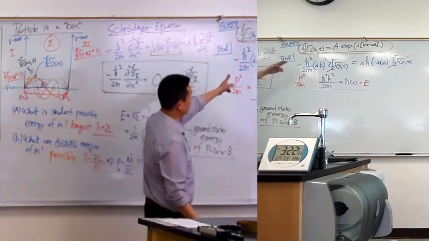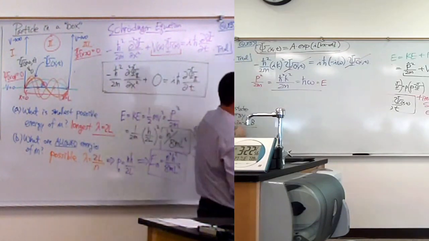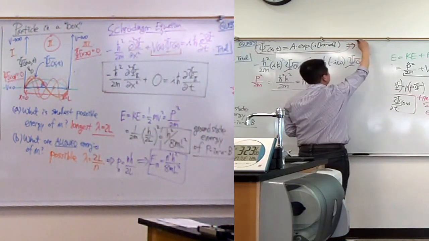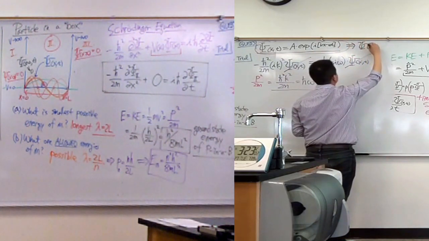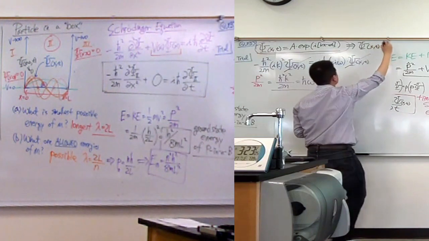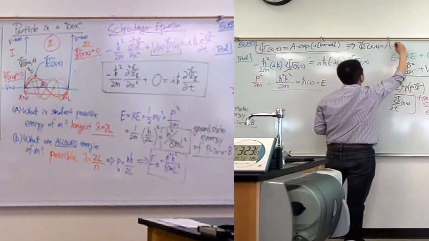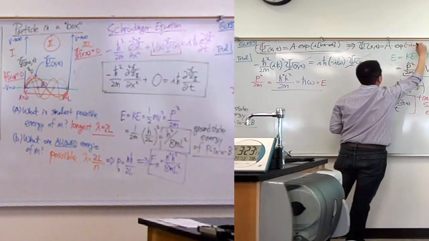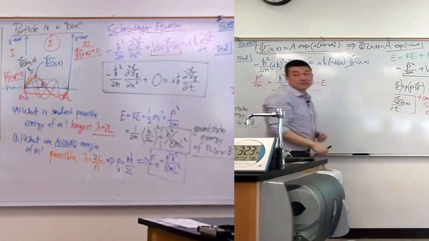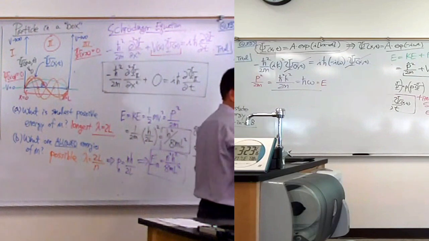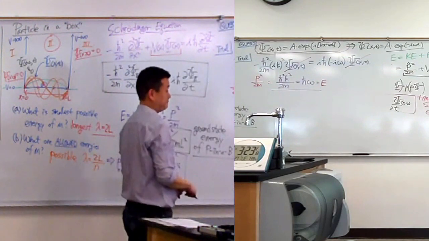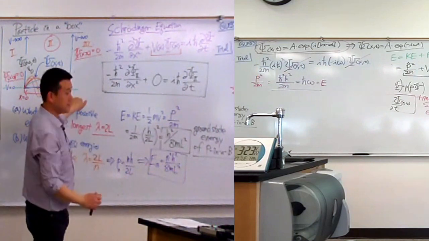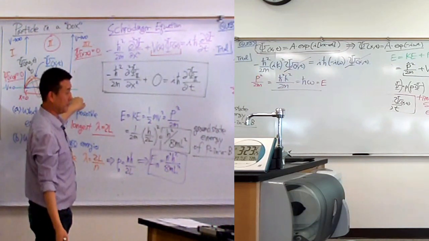Now, when you look at this, you're not going to get that, because you plug in x equals 0, you get psi of x,t is equal to A times exponential of minus i omega t, meaning at different times, it's not going to be 0, it's going to be something else. And you get the same problem at this end, right?